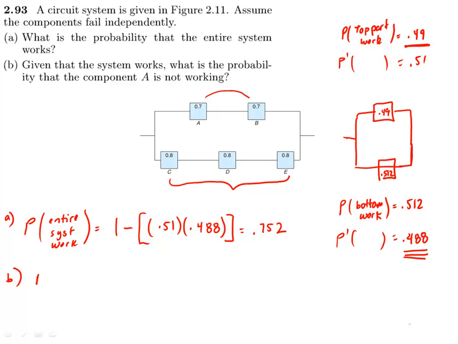So that means that we are looking at the conditional probability of having A not working, C working, D working, E working, given that the whole system works.